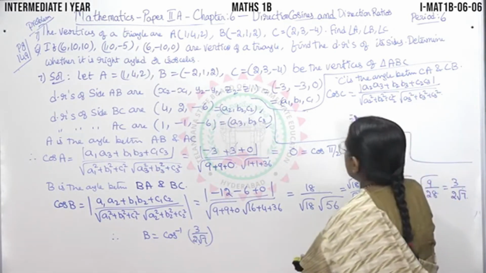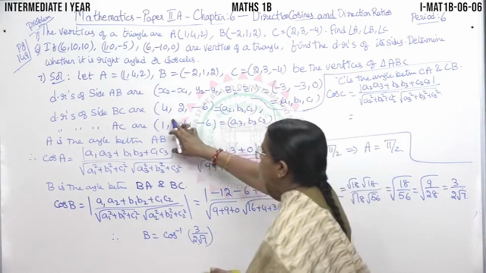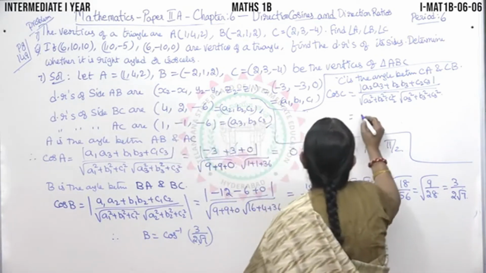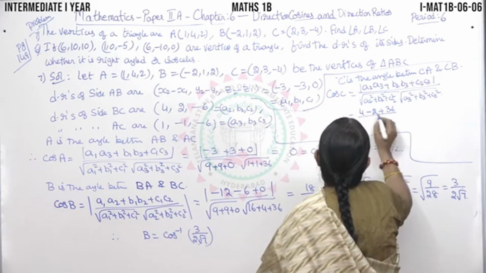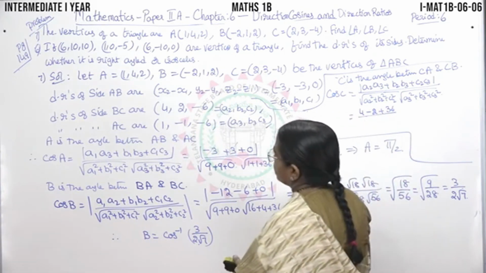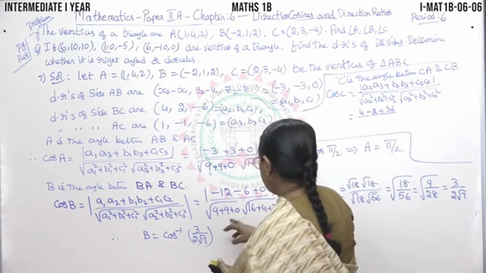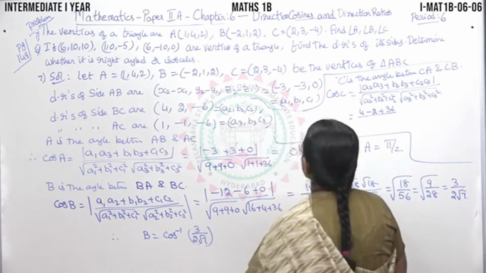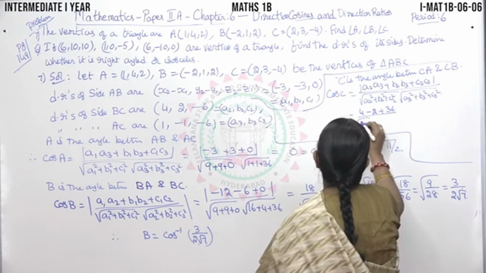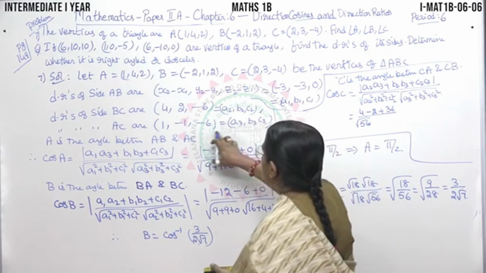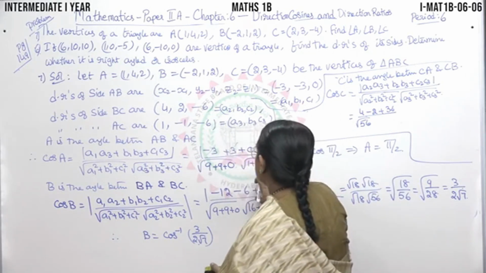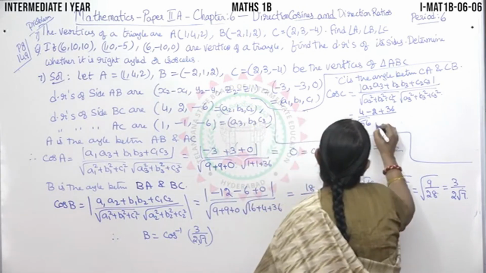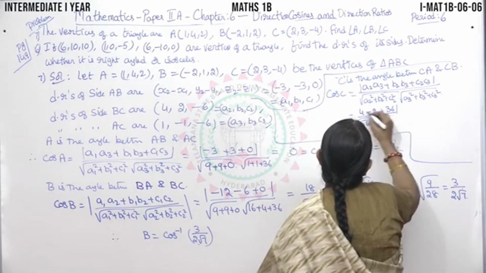So that is equal to A2 A3, which means 4 minus 2 plus 36, by root 56 and root 38. We'll get like this.